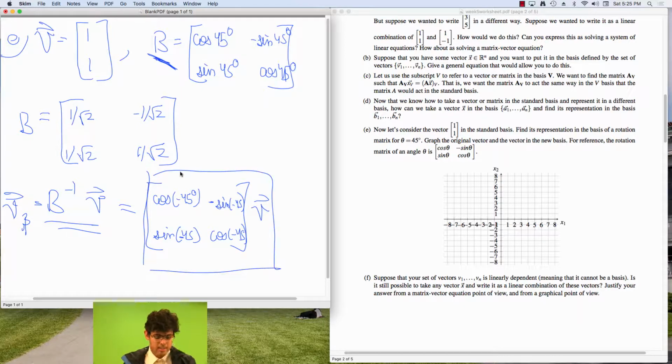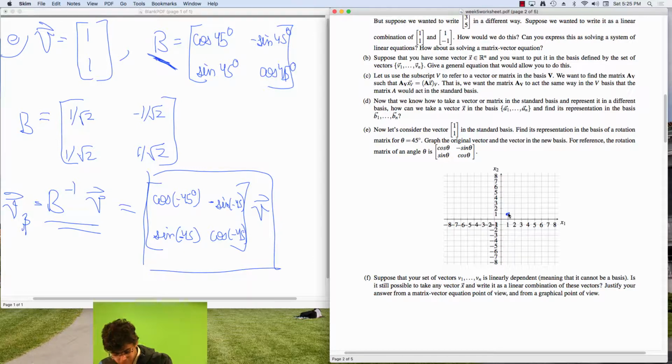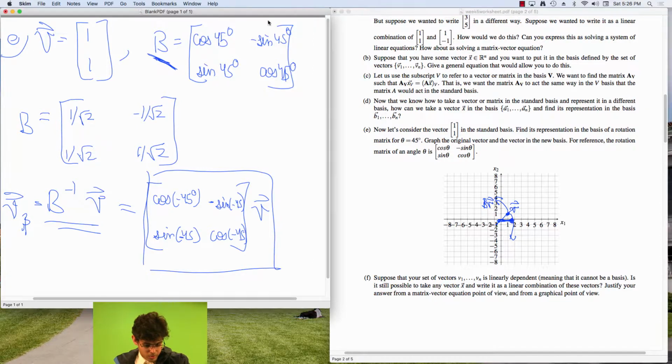What this is doing is taking a vector and rotating it by negative 45 degrees. So if we have a vector here, 1, 1, let's say this is V. Now BV would have rotated this vector by 45 degrees in the positive direction. But B inverse will do the same operation in the negative direction. And so we'll end up with something on the x-axis. Exactly what will we end up with? Well, let's find out.